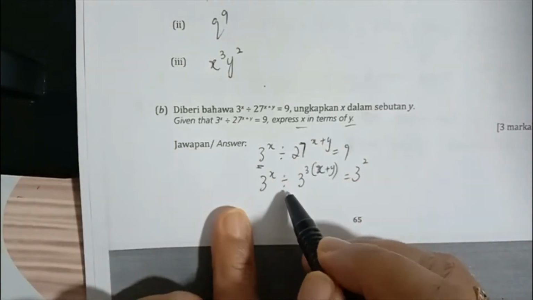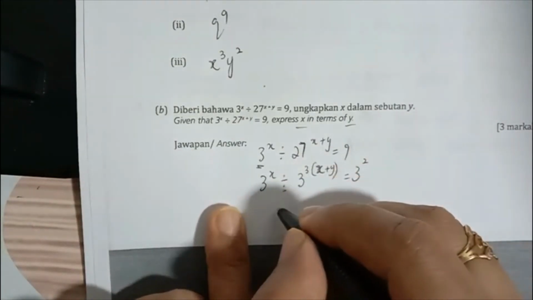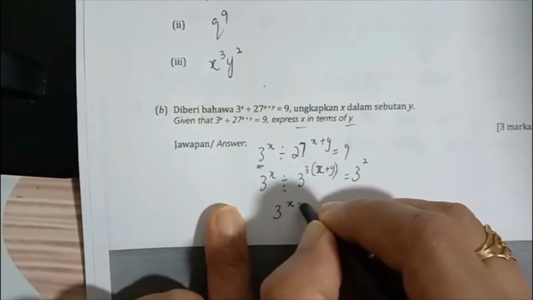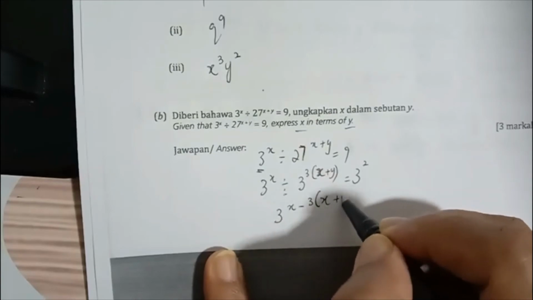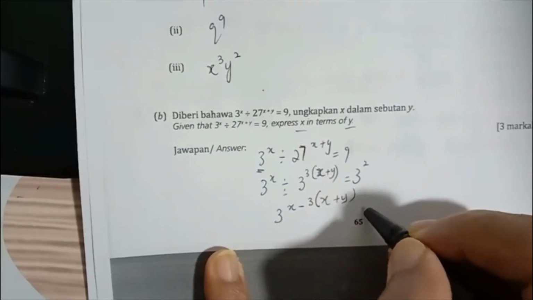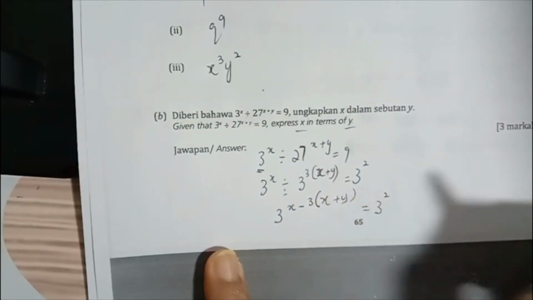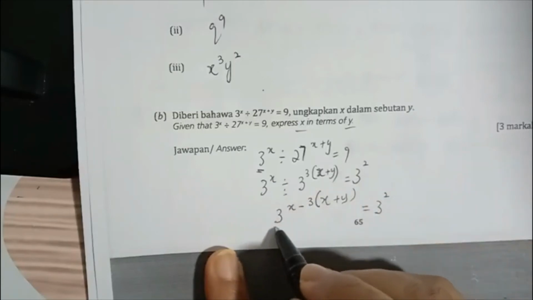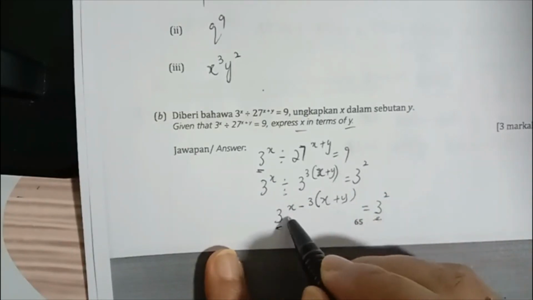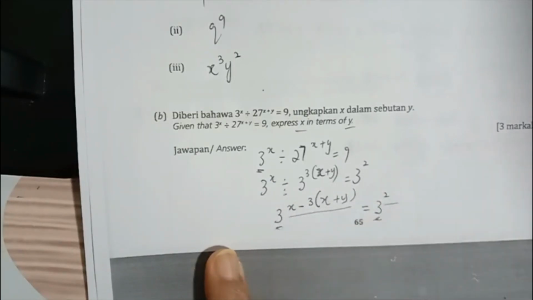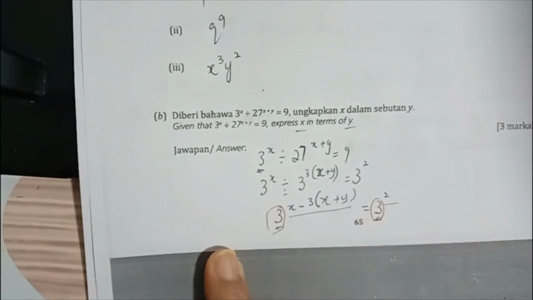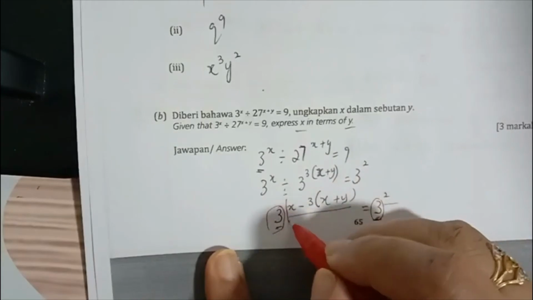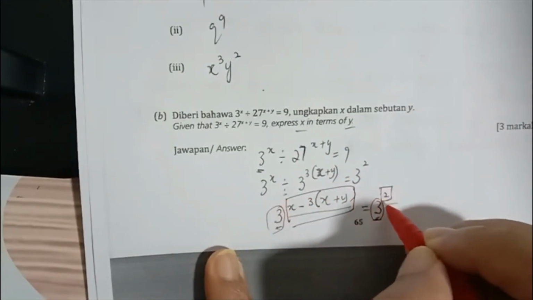Okay, so here is divide. So it becomes 3^(x minus 3(x+y)) equals 3 power 2. So now we have one single index here, same base, meaning the power are same. Okay, kalau you dah jadikan dia satu index single, meaning the power here must be the same.